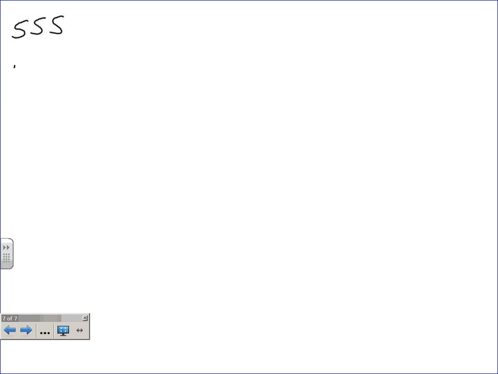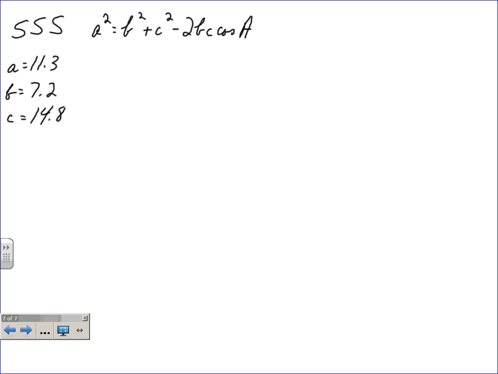A equals 11.3, B equals 7.2, C equals 14.8. Given side, can we solve the triangle? Yes. But we have to use law of cosines. Okay, the law of cosines, here's one of them. A squared is equal to b squared plus c squared minus 2bc times cosine of A.